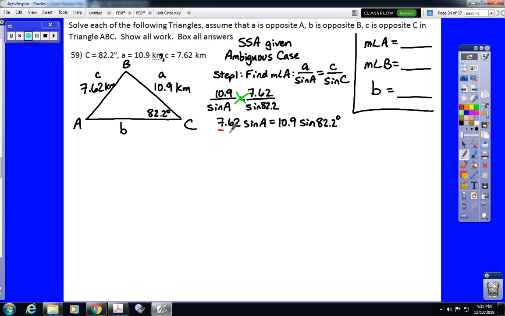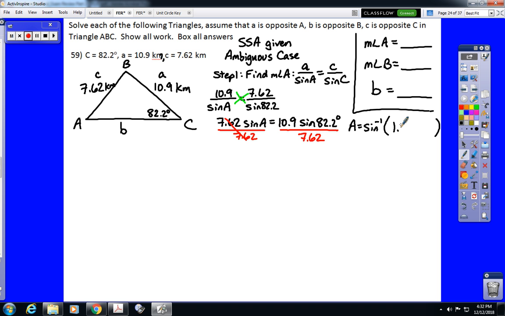And we're going to divide by 7.62, and we are going to feed that to the calculator because A is going to be the inverse sine of whatever decimal we get there. So we're going to feed the right side of that expression to the calculator. So 10.9 times the sine of 82.2 degrees divided by 7.62.